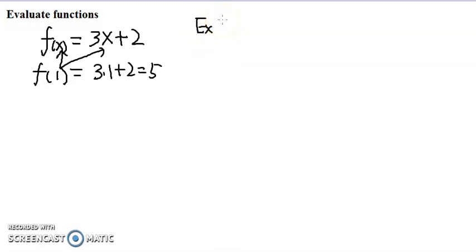So if we have a function, this time I'm going to pick a square root function, a radical function, and we can put, say, 4x plus 5.